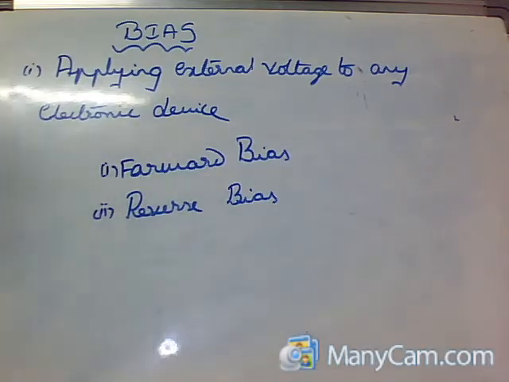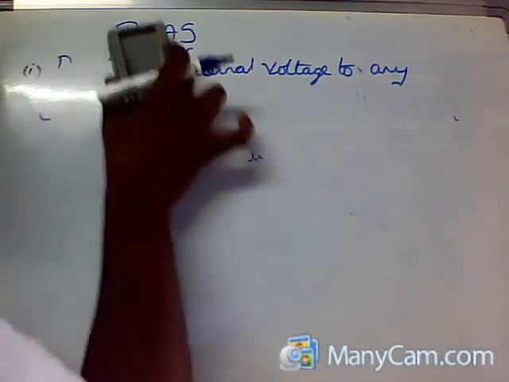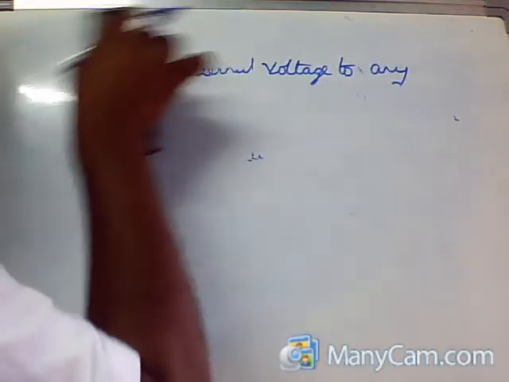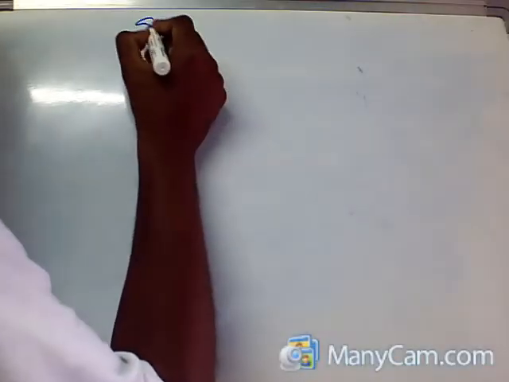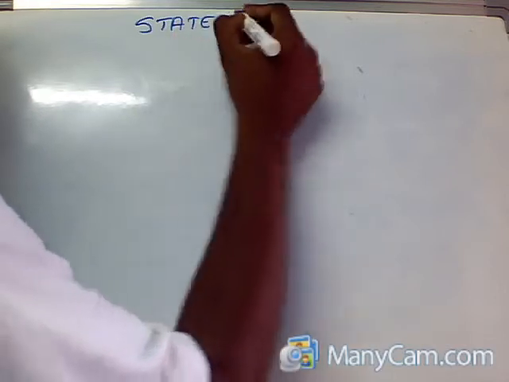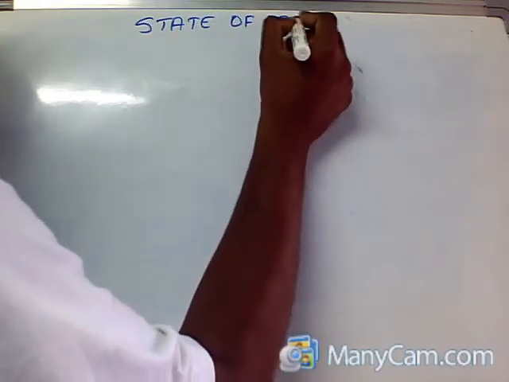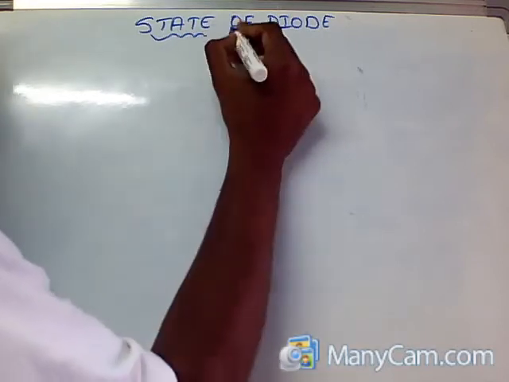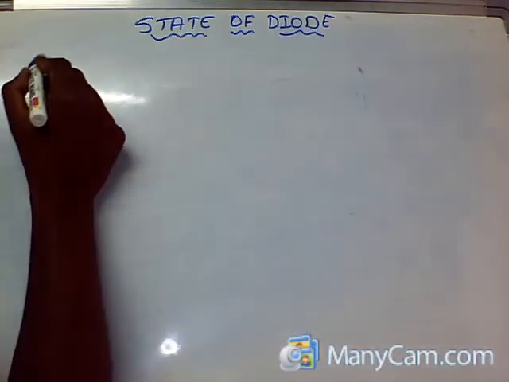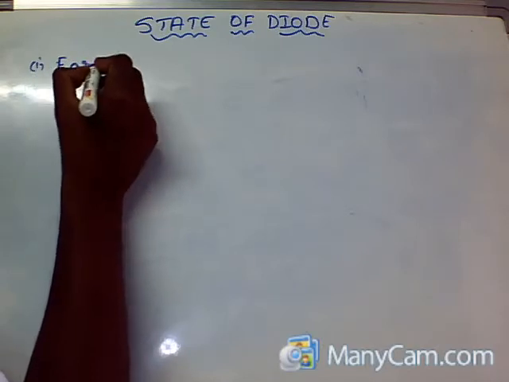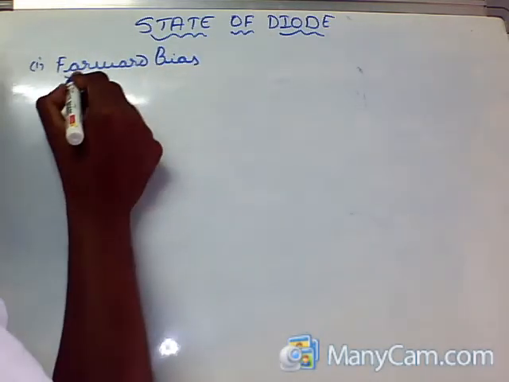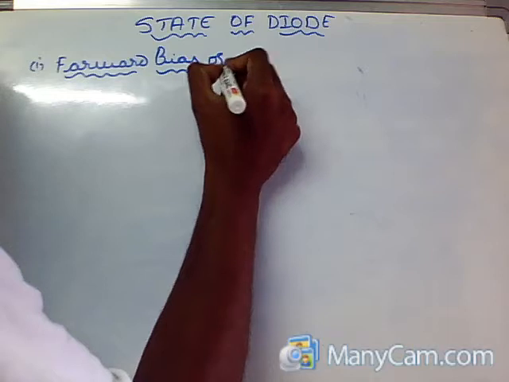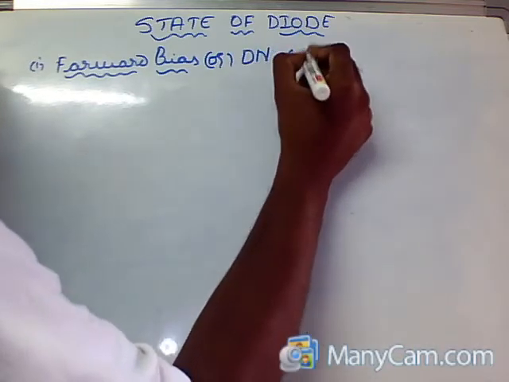So this is our time to study the states of a semiconductor diode. State of diode. First one, forward biased, or on state of diode.